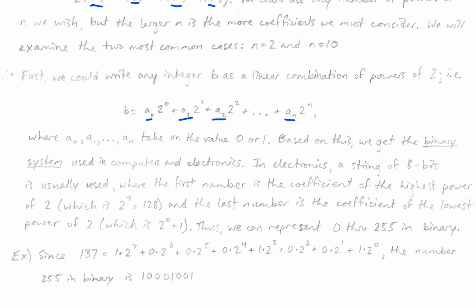We can write any number between 0 and 255 as a sequence of 8 numbers, the numbers being either zeros or ones. And whether it's a 0 or 1 is determined by the coefficient on the power of 2.